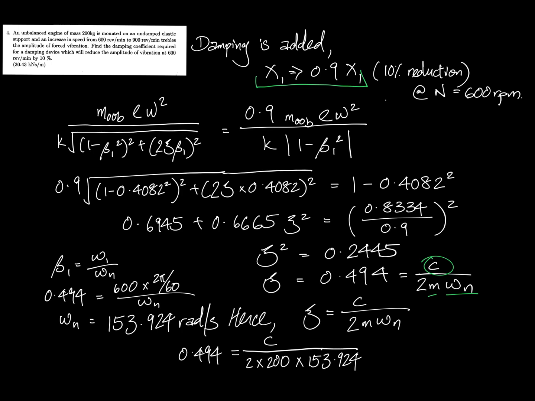And we can solve for our damping coefficient C, which is equal to 30415.4 newton-seconds per meter, which is going to give us, if we divide by 1000, 30.415 kilonewton-seconds per meter. That's it.